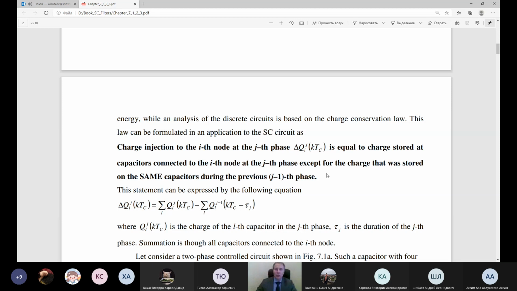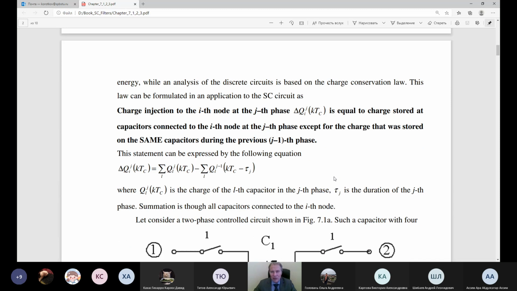So, if we are talking about the standard approach, which is based on two-phase control, если мы говорим о стандартной ситуации, когда используется двухфазовое управление, как в тех случаях, как мы с вами уже рассуждали, so it means that it will be possible to formulate this law for each phase.